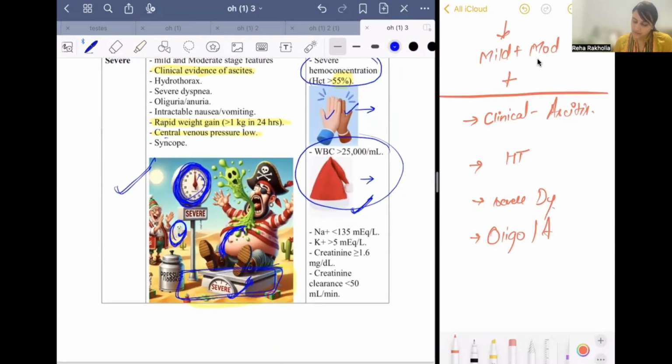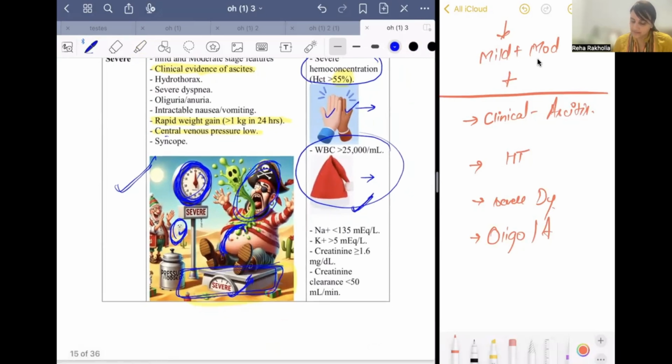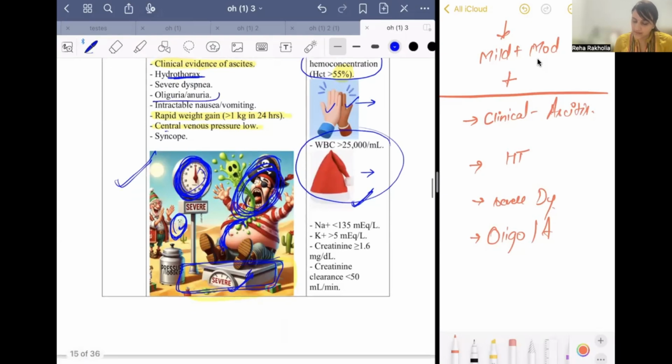Now this man cannot breathe. Dyspnea is there, hydrothorax is there. So he's in a desert, that means there is oliguria and anuria. Can you see he's in a desert?